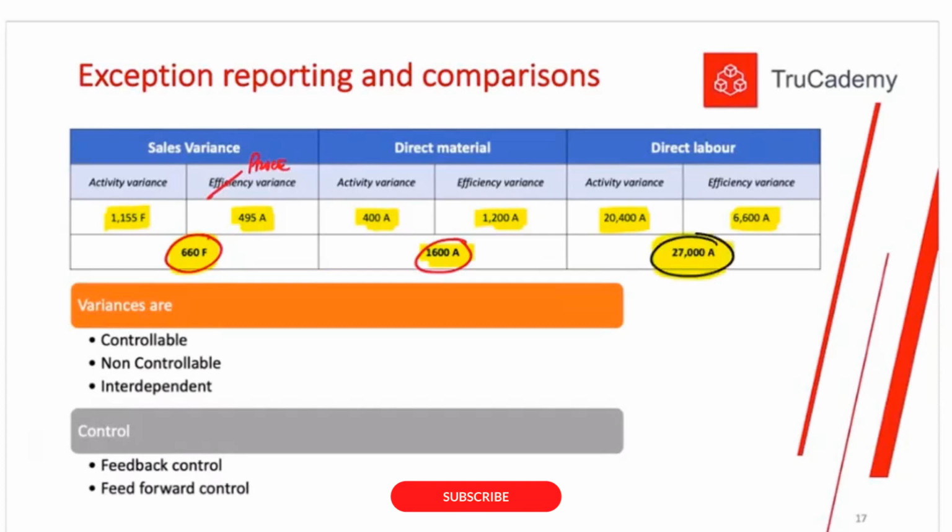If an organization is getting one favorable, it doesn't mean that all the other variances are favorable. So managers, when they need to do comparisons or controlling, will not only look for favorable, but they always need to see how this one favorable is going to have an effect on the other variances like material, labor, overheads, and so on.